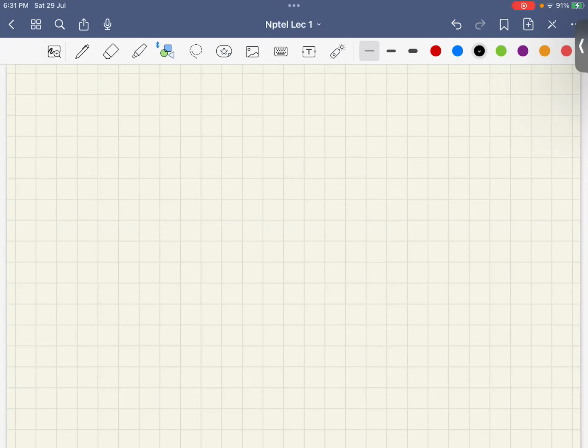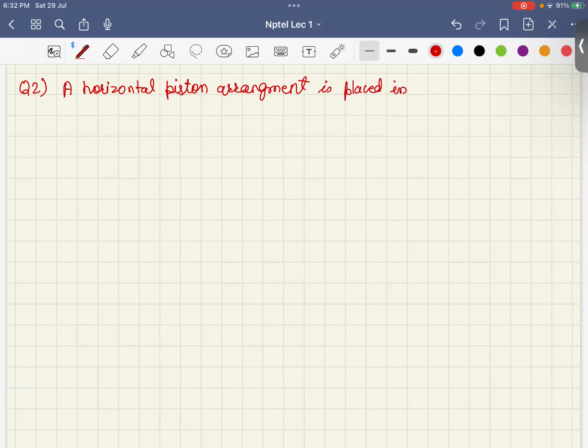Question 2. A horizontal piston arrangement is placed in a constant temperature bath.